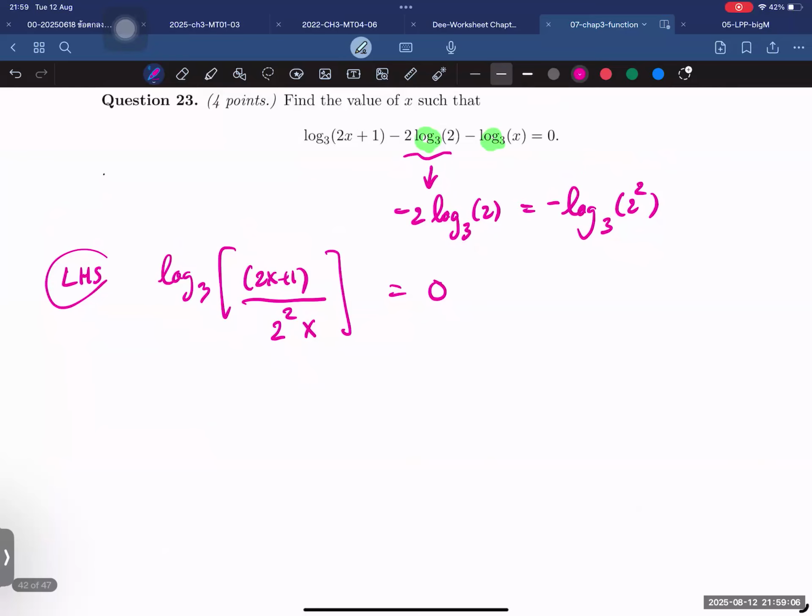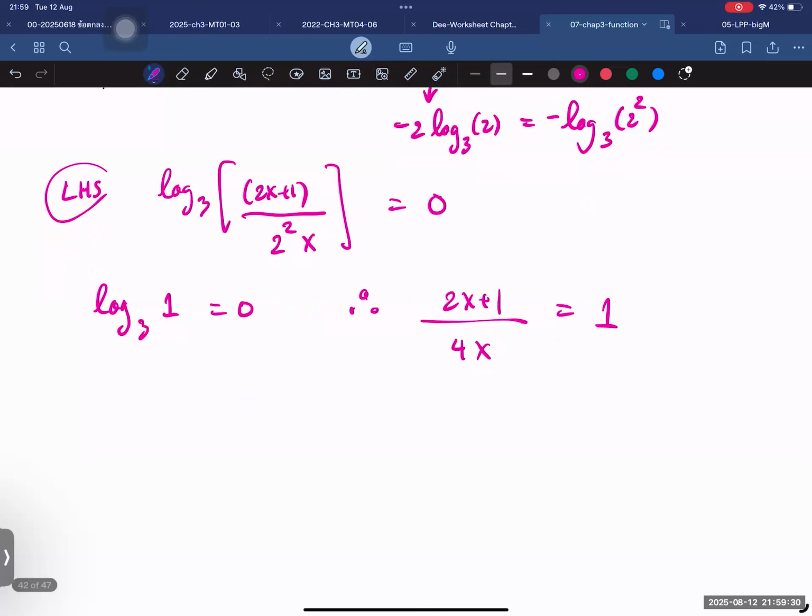Okay. So what we need is, because log of 1 equal to 0, it means 2x plus 1 divided by 4x must be 1. Now you can solve for x.